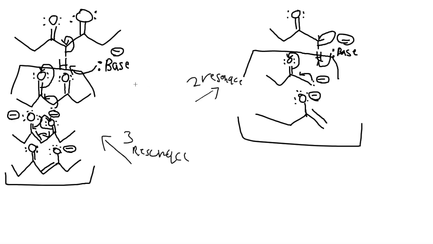Oxygen is an electronegative element, so the more electronegative elements, the more stable it is. This has, well, technically three because of carbon, but we can say two oxygens here, and one oxygen here. So having more oxygens means more electronegativity, and more electronegativity means it's more stable.